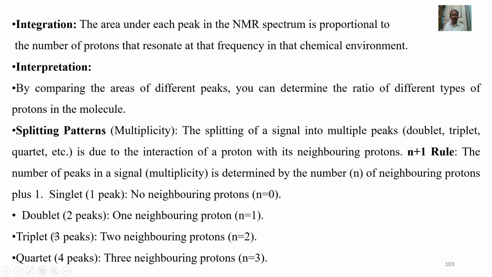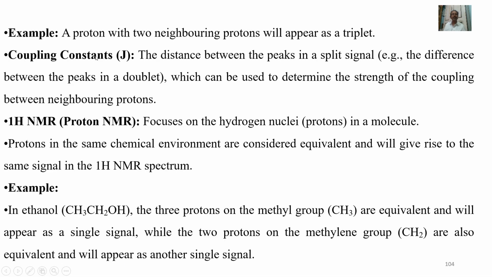Triplet, we have three peaks, two neighboring protons, that is n equals 2. Quartet, there exist four peaks with three neighboring protons, when n equals 3. Example, a proton with two neighboring protons will appear as a triplet.